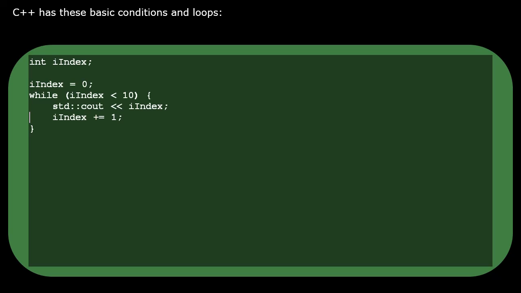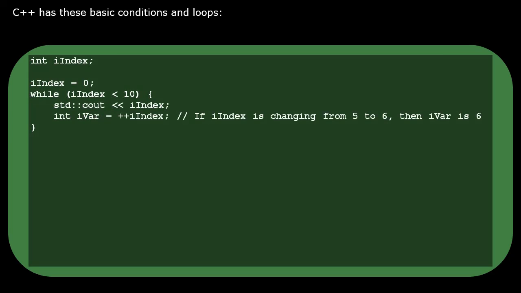Since the amount being added to this variable is 1, there's an even shorter way to write this code by using this increment operator. By the way, C++ also has a decrement operator. The increment operator could be written either as a prefix or as a postfix operator.